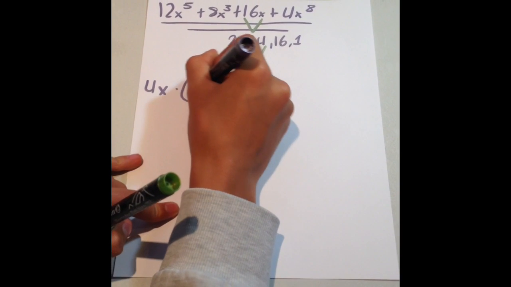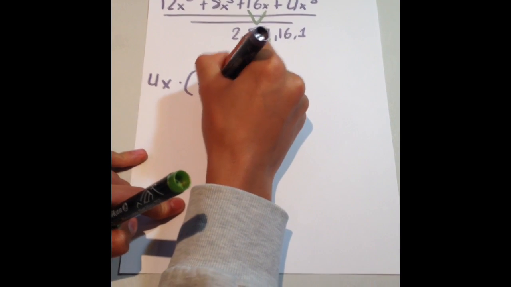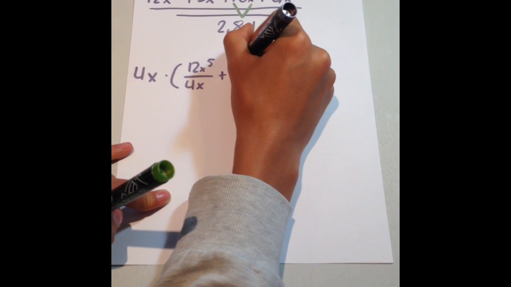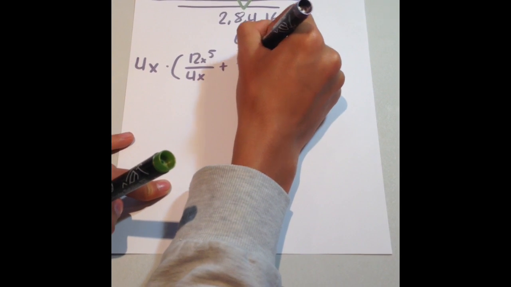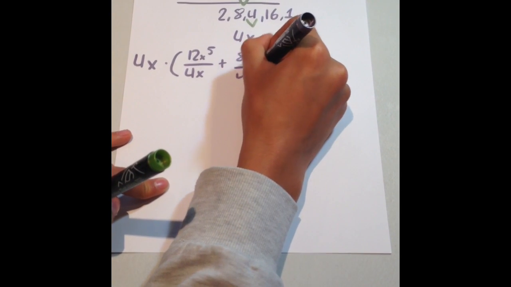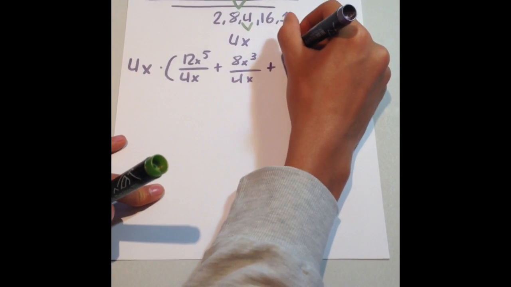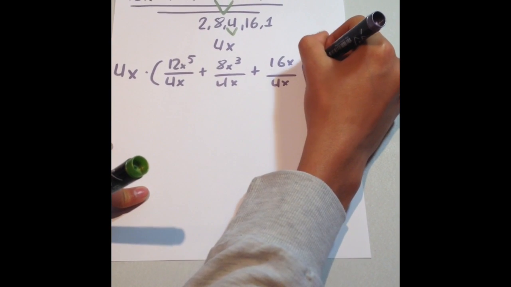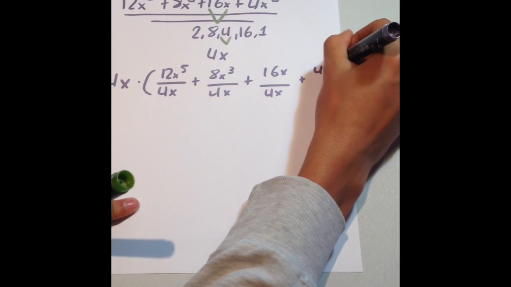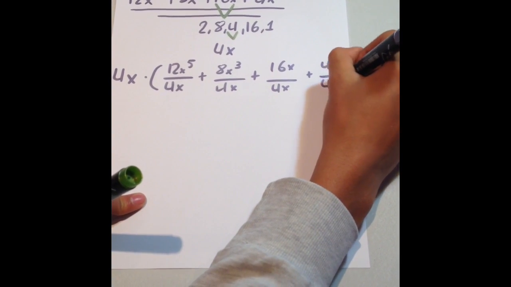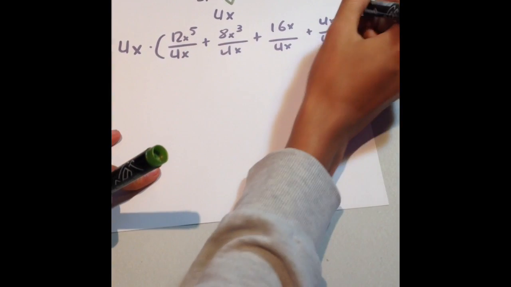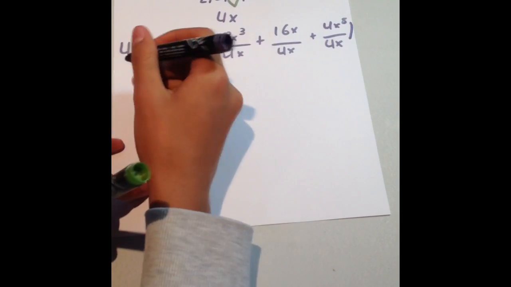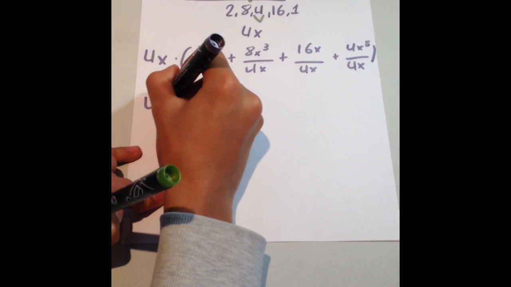So 12x^5 divided by 4x plus 8x^3 over 4x plus 16x over 4x plus 4x^8 divided by 4x. For dividing the exponents, the only thing that you have to do is subtract them.